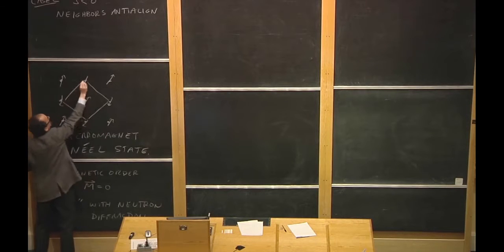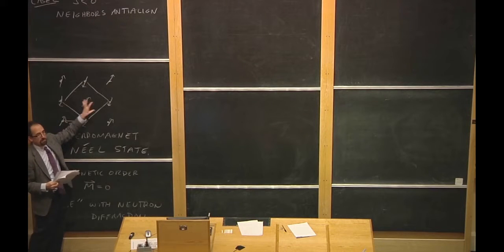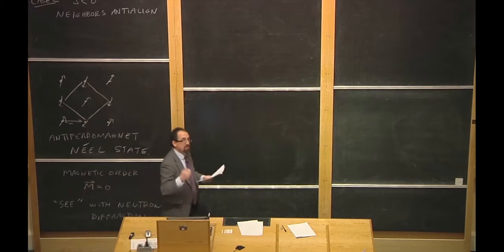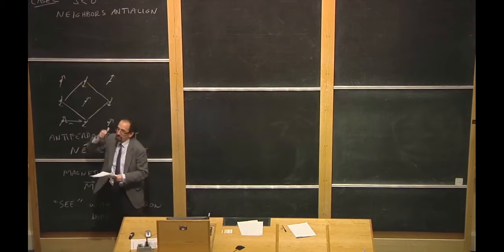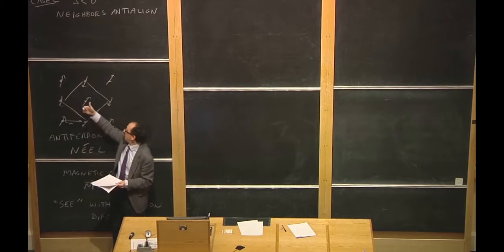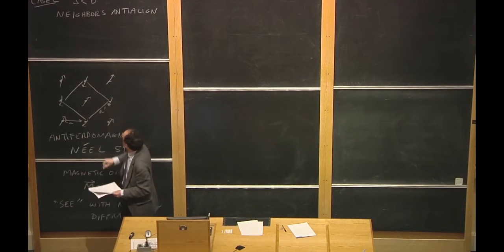This is the unit cell now, because if a neutron is coming in with spin up, it sees an up spin as being a different atom from a down spin. And the reason that neutrons see an up spin as being different from a down spin is the neutrons themselves have spin, and if the neutron coming in is spin up, it will interact differently with this atom than with this atom because their spins are anti-aligned. So it sees a unit cell which is this big, a prime.